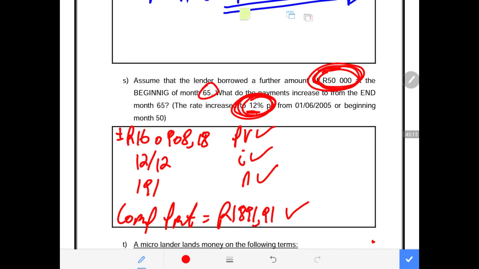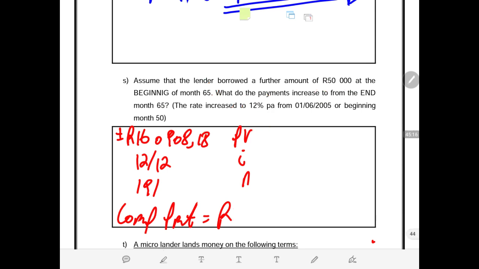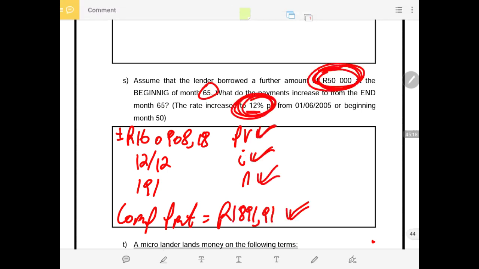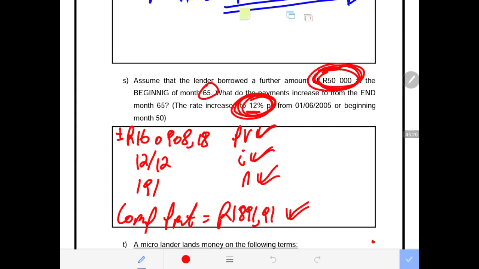So our calculator knows all these four functions now. The minute it knows all these four numbers or components, then we can say now we want to know the balance after the 64th payment was made, because the 64th payment was made at 12% when the premium was 1,891.